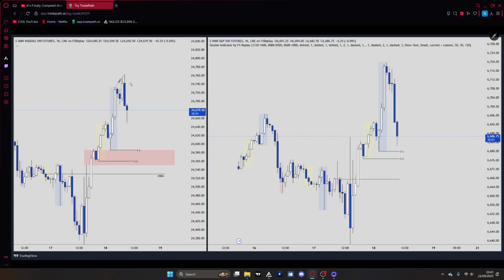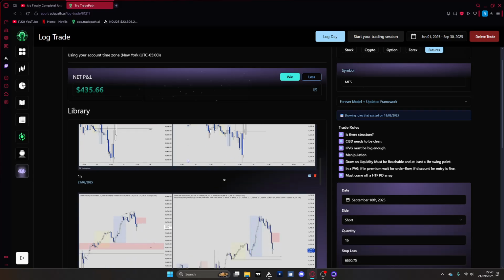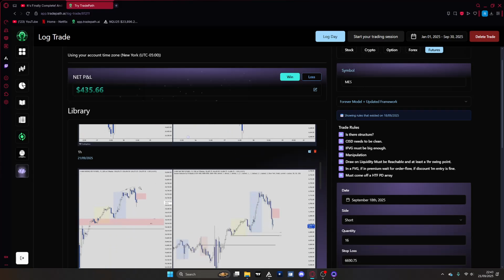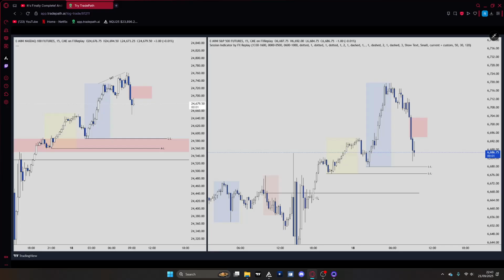So I would want to see an inefficiency be rebalanced to, or equilibrium be tapped. At market open, we get a quick displacement down on the 15-minute, SMT at the highs again, and the London low and Asia low target.